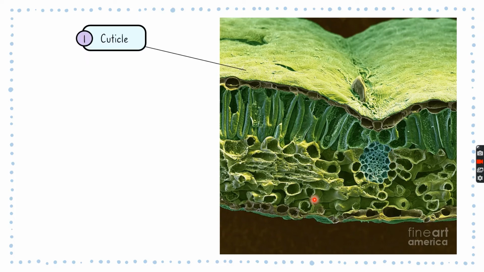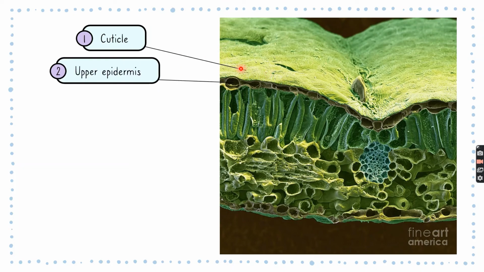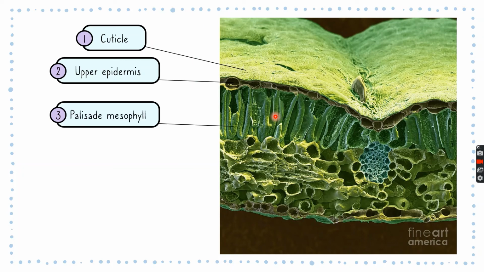If you look at it under a microscope, at the top layer here you have your cuticle, and this cuticle is waxy and also waterproof, and the upper epidermis is the one that secretes it.